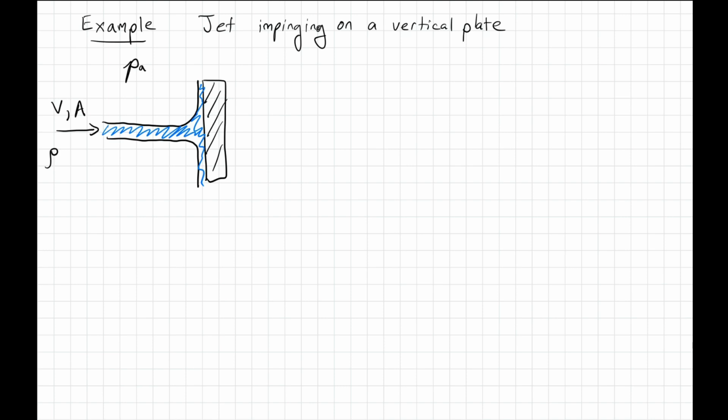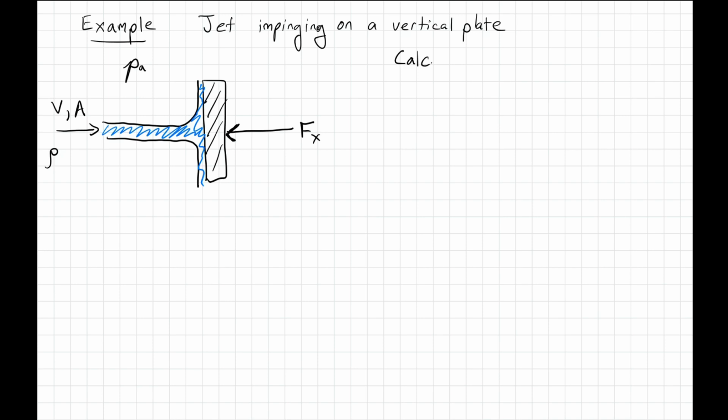That will impart a reaction force on the plate. If I assume the plate is stationary, I'd have to supply some sort of force to the plate to make it stay in place. So what I'd like to do is try to estimate the value of that force.